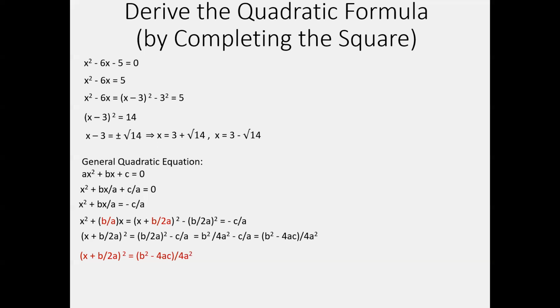So the way to complete the square is to say x plus b over 2a squared. That will give me x squared and b over a times x. And of course, it'll give me a little bit more: the square of the back term, b over 2a squared. So I need to compensate by subtracting the b over 2a squared. I preserve my equality. Therefore, that longer term continues to equal minus c over a.